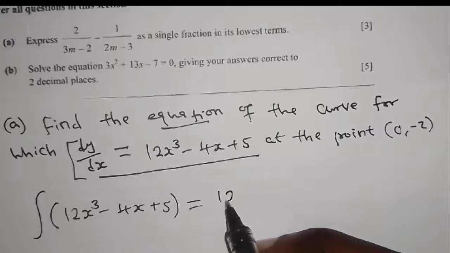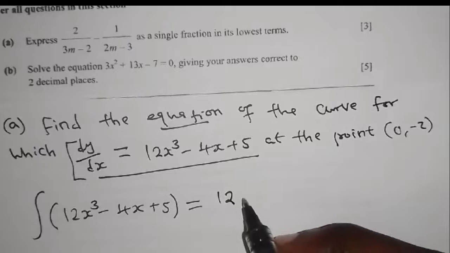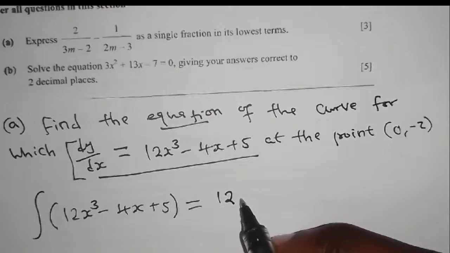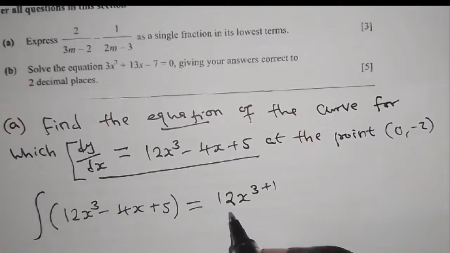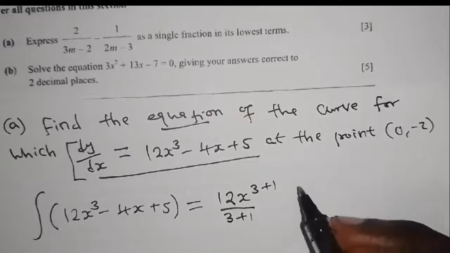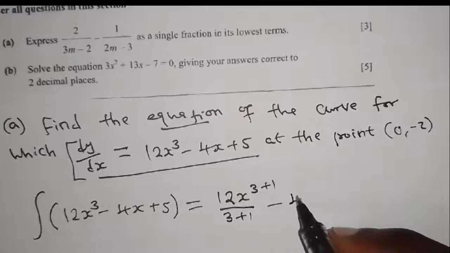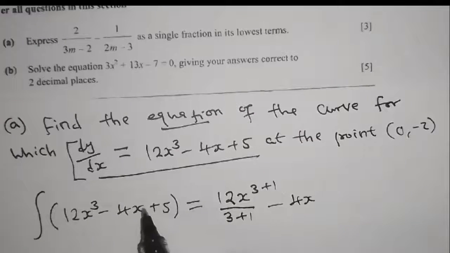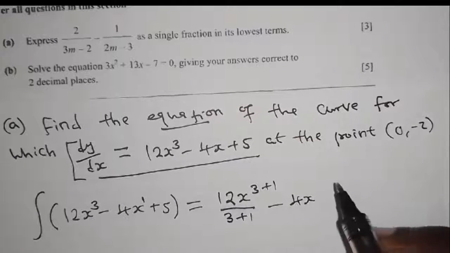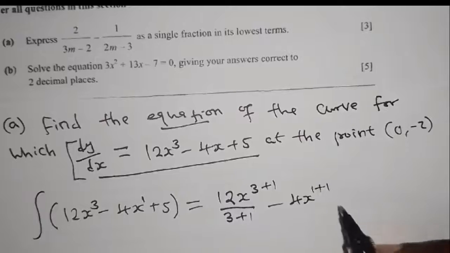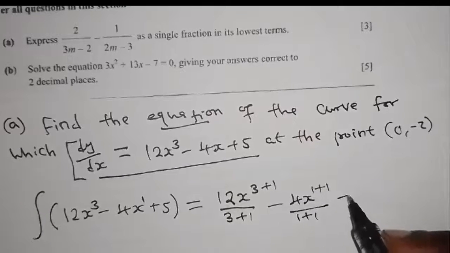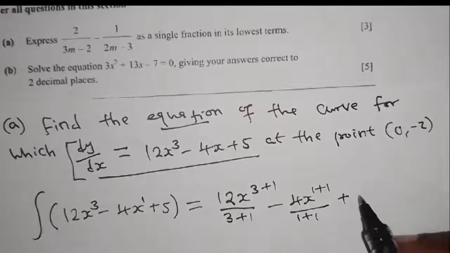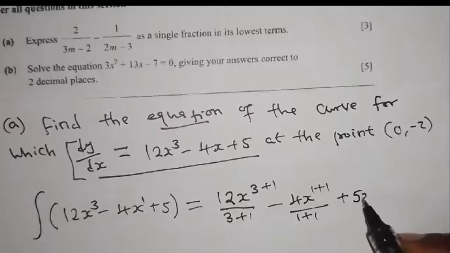So we are going to have 12x to the power 3 plus 1, then again divide by 3 plus 1. Then minus 4x to the power, since there is no number there, there is 1 there, so it is 1 plus another 1, divide by 1 plus 1. Then plus, now this one, which is just a constant, just add an x.